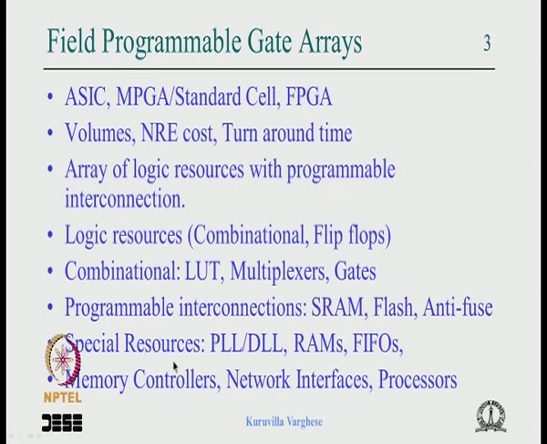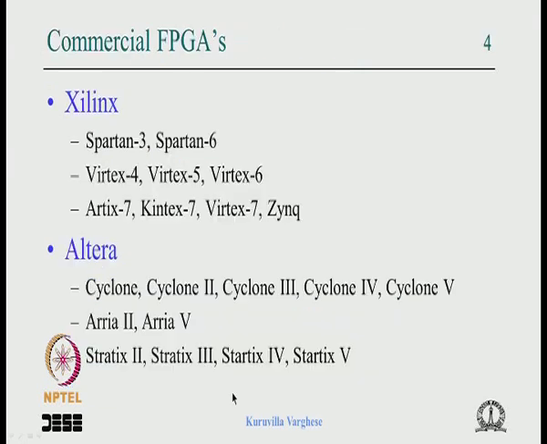There are special resources like phase lock loop, delay lock loop, RAMs, FIFOs and memory controllers, network interfaces, processors, and these are many times, depending on the requirement, part of the silicon. These are hard coded devices which I am talking about. So that is the field programmable gate array in a nutshell.